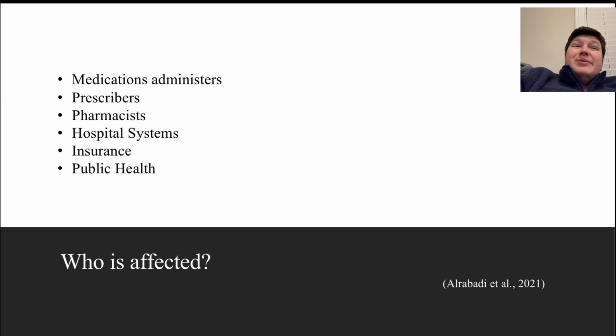Prescribers are thought to be accountable for more than 25% of medication errors, which I found to be very surprising. And this can obviously result in financial and professional consequences. So preventing medication errors can improve clinical outcomes, patient satisfaction, healthcare costs, and reduce worker burnout overall.